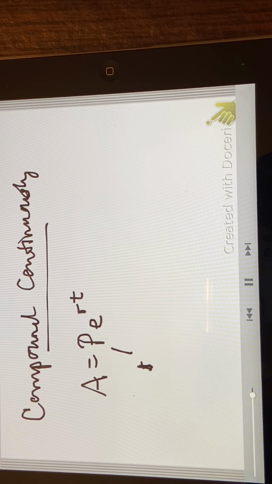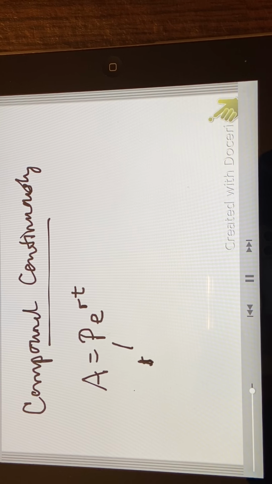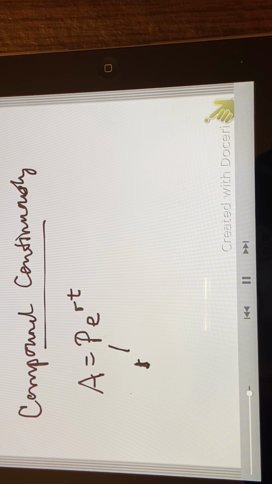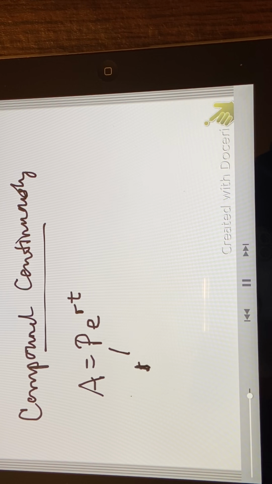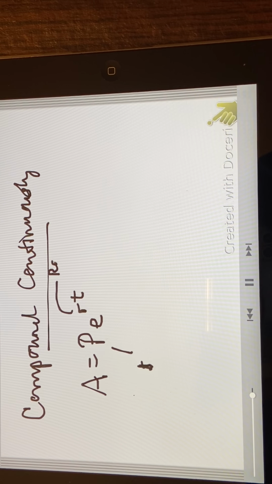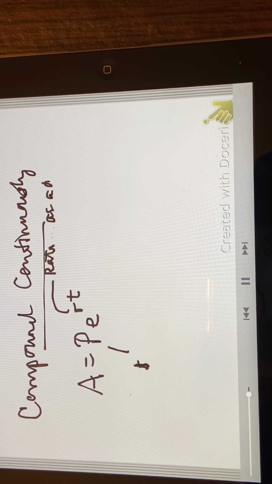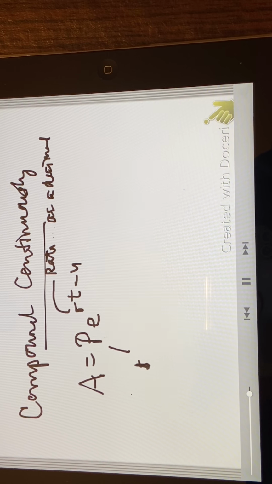E, of course, is the number we talked about a few minutes ago in the previous problem, so it's part of my formula, so it's going to be 2.71828. And then R means our rate again, but just make sure that you're writing that rate as a decimal, because that'll throw you a curveball if you don't. And of course, T is years.